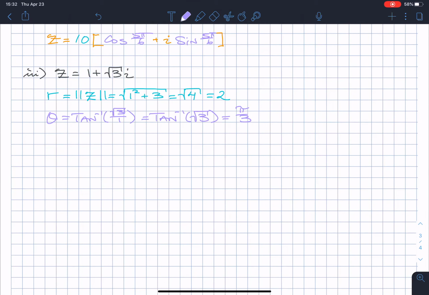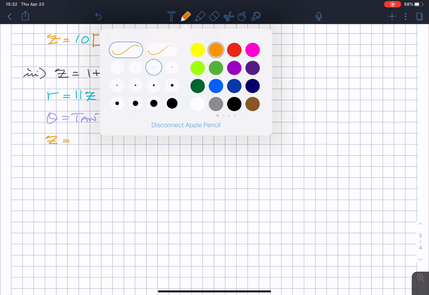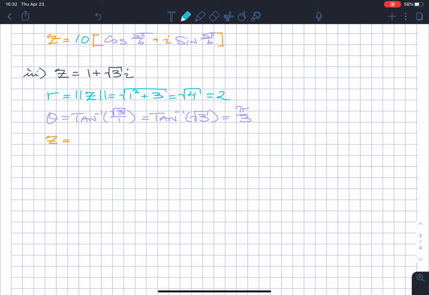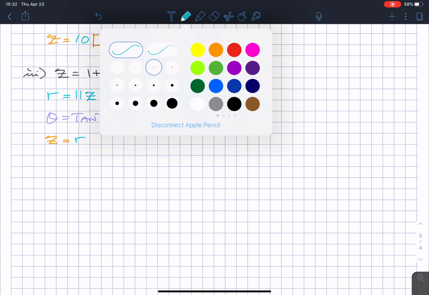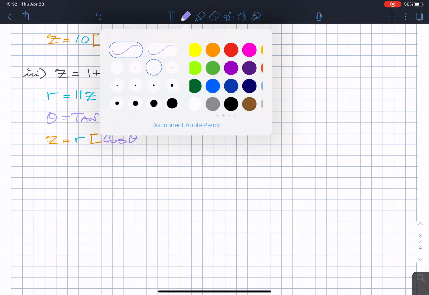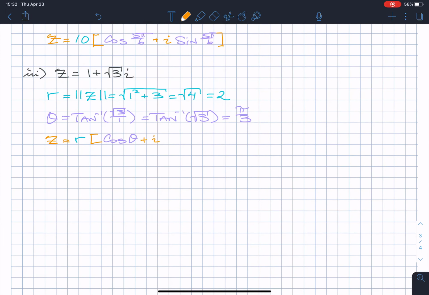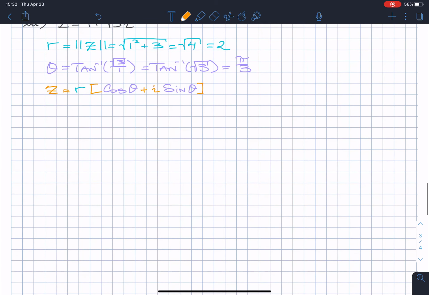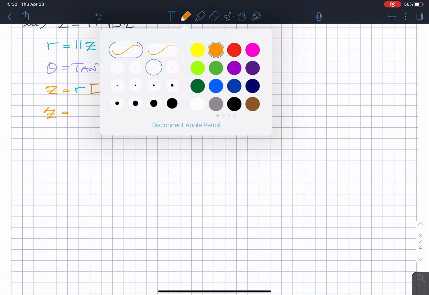Okay, so now we know that z, our complex number, is going to be modulus 2. Actually, let me write this out. R times cosine theta plus I sine of theta. Okay, so we get that z will be modulus 2.